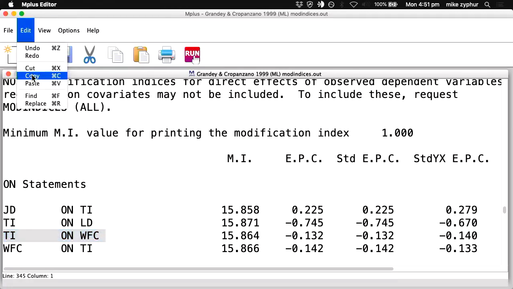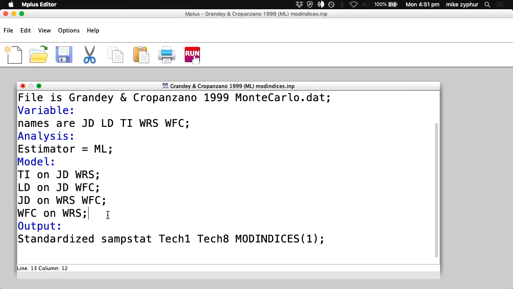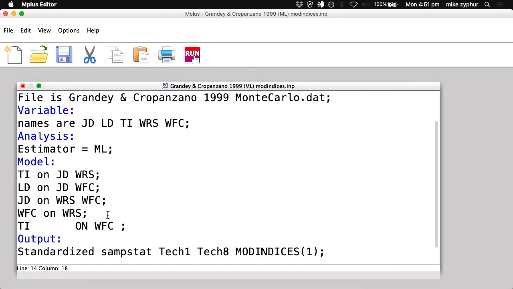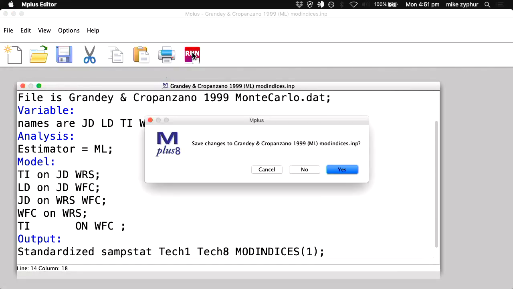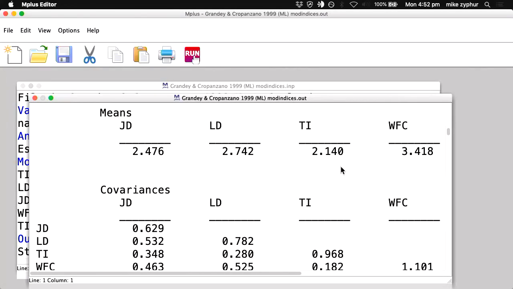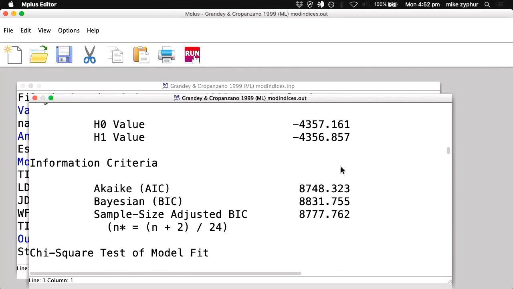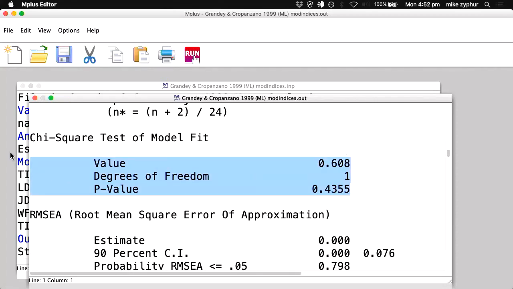Edit, copy, close that, paste. Now let's see what happens to the fit index, the chi-square, which was previously 16, or whatever it was. What happens to it now? Hey, I know a guy who can get you good fit indices. So now you're cheating, right? And look how easy that was.